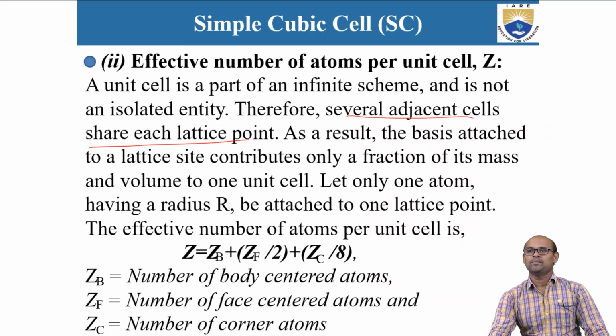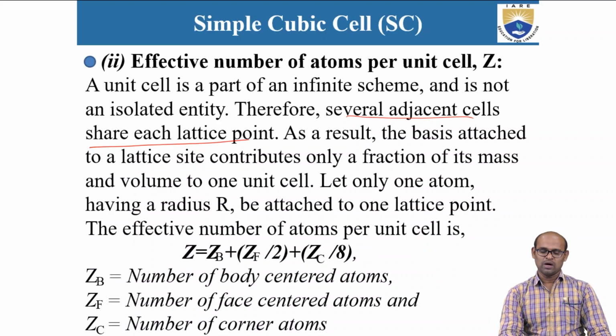As a result, the basis attached to a lattice site contributes only a fraction of its mass and volume to one unit cell. We know what a basis is. A basis is an atom or a group of atoms that is attached to each lattice point. And we have generated a crystal as lattice plus basis, right?